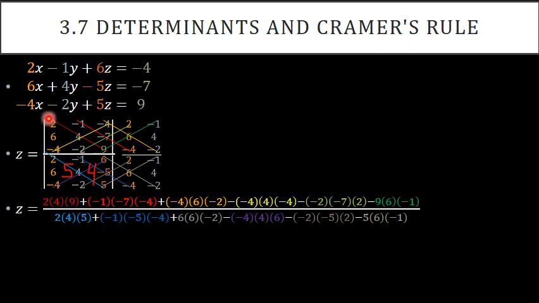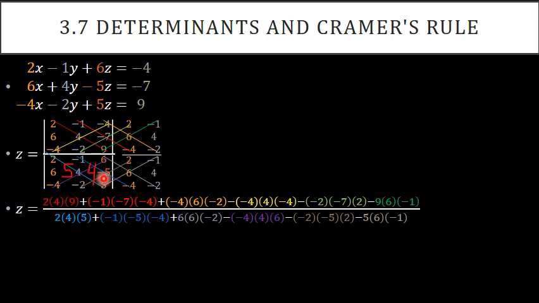So we have downward diagonal on top, 2 times 4 times 9, plus negative 1 times negative 7 times negative 4, plus negative 4 times 6 times negative 2, minus the upwards, so negative 4 times 4 times negative 4, minus negative 2 times negative 7 times 2, minus 9 times 6 times negative 1.